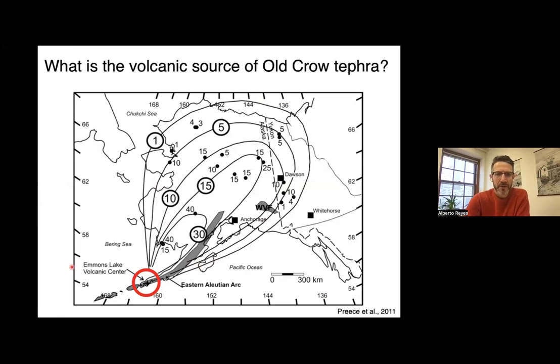I mentioned something about the volcanic source of Old Crow tephra. I won't say much other than that. It was assumed for a while to be the Emmons Lake Volcanic Center. There's a lot of active work on this. Seth Burgess at the USGS has been critical of this. But yeah, lots of work going on here. So this is the agnostic, non-partisan view of it. I'll just mention that this was the assumed source for a long time.